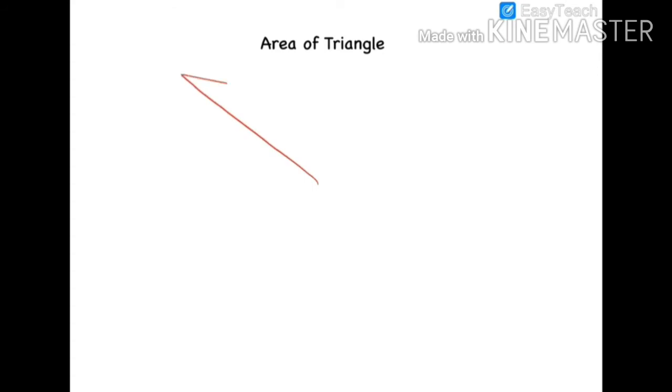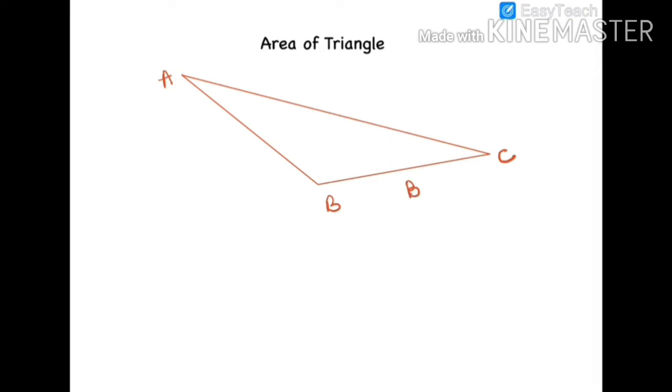Now let's say we have an obtuse angle triangle ABC. If I take BC as the base, then can you draw the altitude for this base? We know that altitude is a line drawn from the vertex perpendicular to the opposite side.